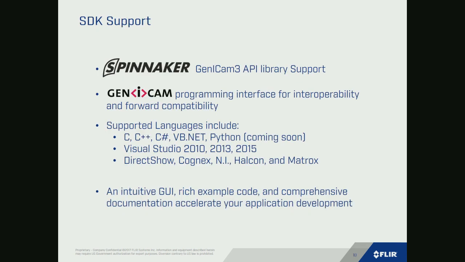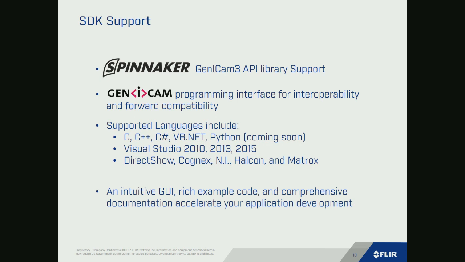We back all that up with our new Spinnaker SDK. It's a GenICam 3 API library, really built for forward compatibility and interoperability. What I mean by forward compatibility is that one of the really cool things about Spinnaker and the GenICam way of doing things is that as new features are added to cameras or the software, you don't have to rewrite all your code.